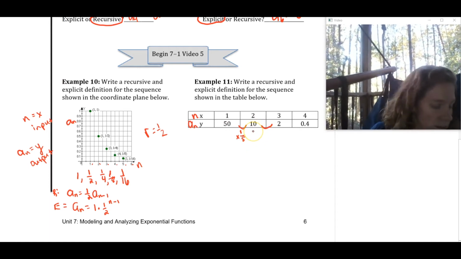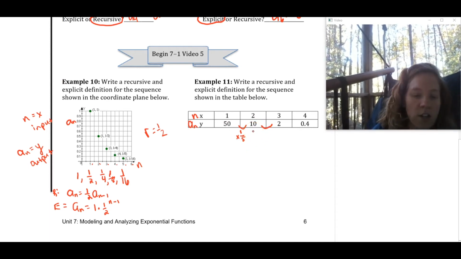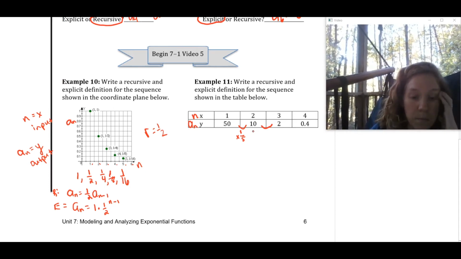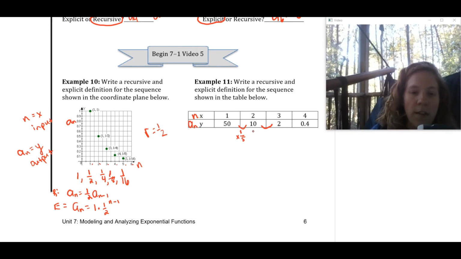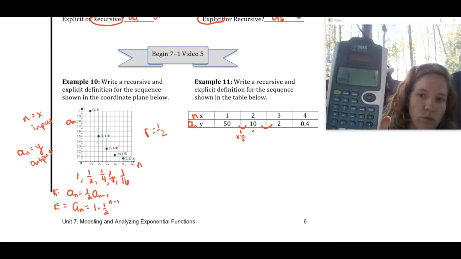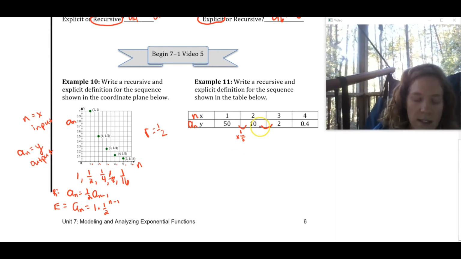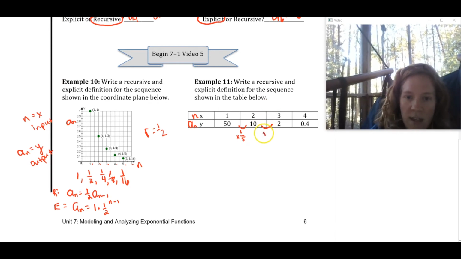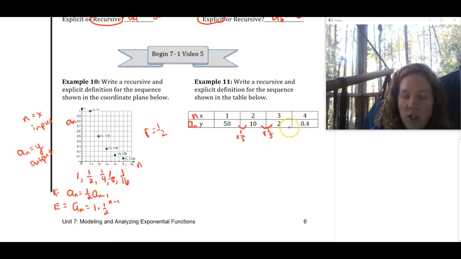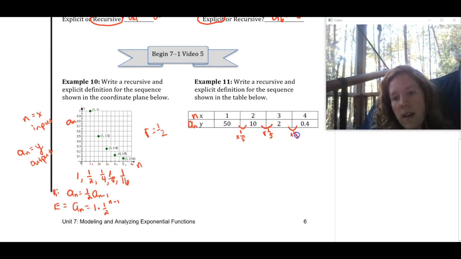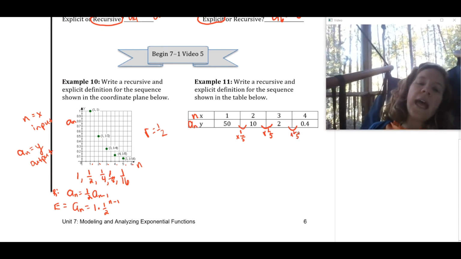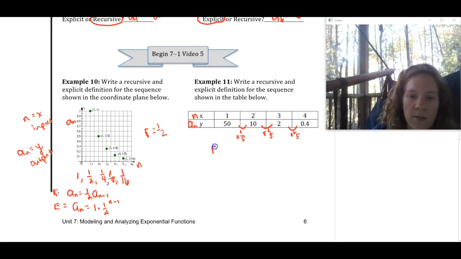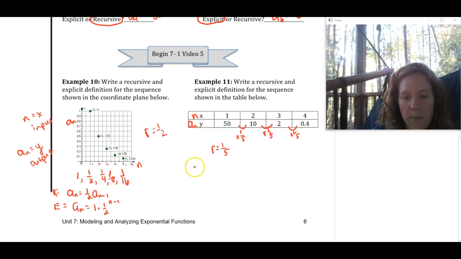If you're unsure, 10 times 1/5 gives me 2, so that's telling me the common ratio is working out well. And then I can check that 2 times 1/5 is also 0.4. And it is. So my common ratio this time is 1/5.